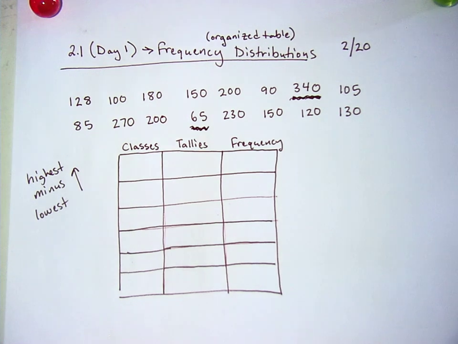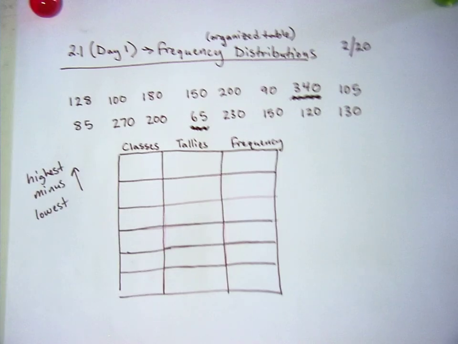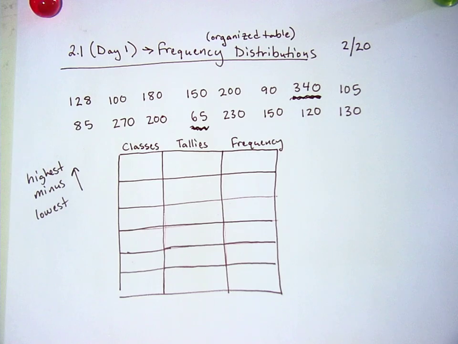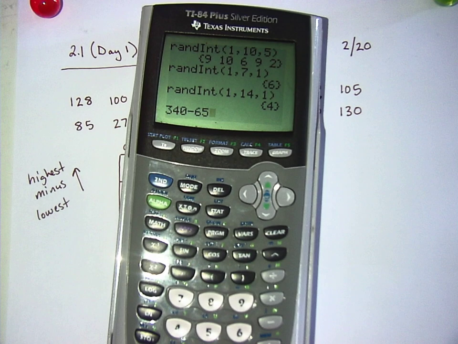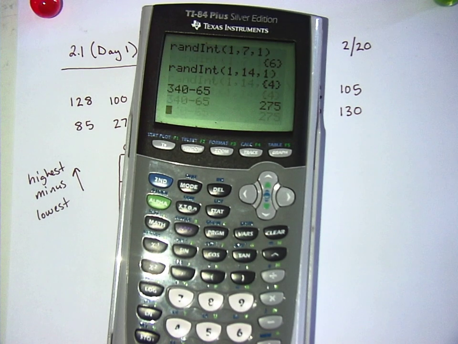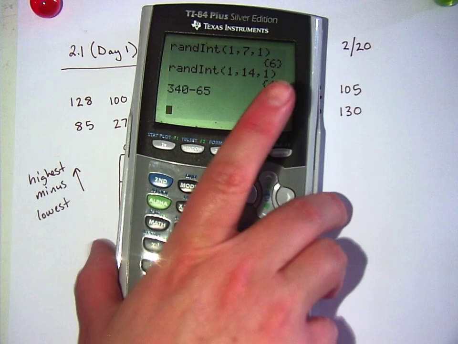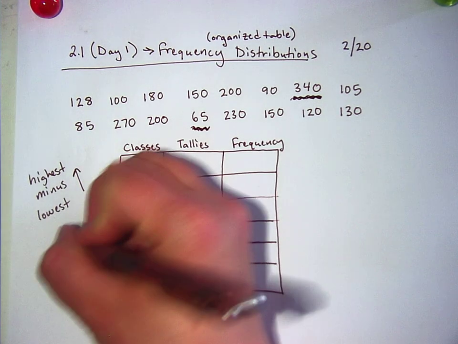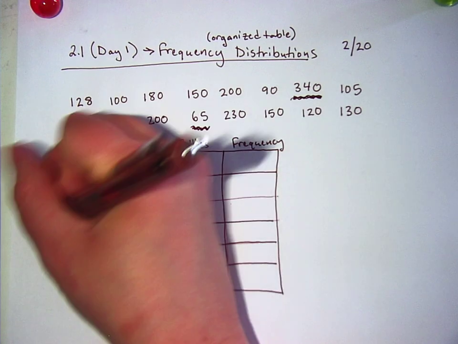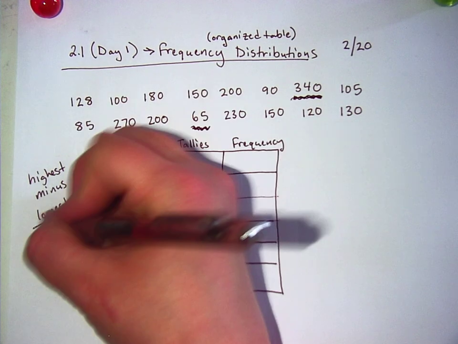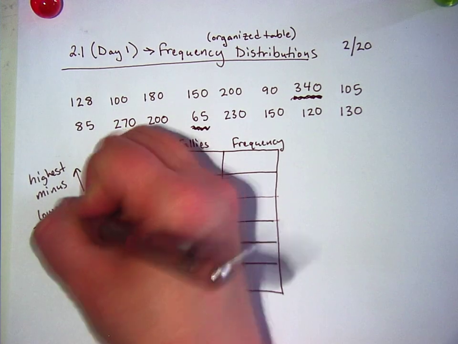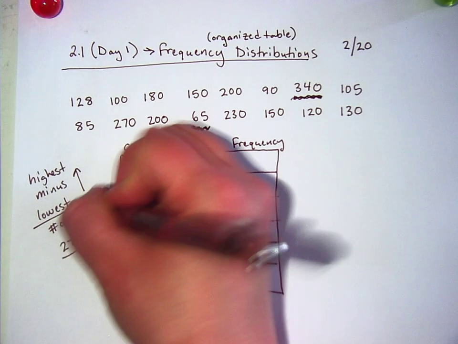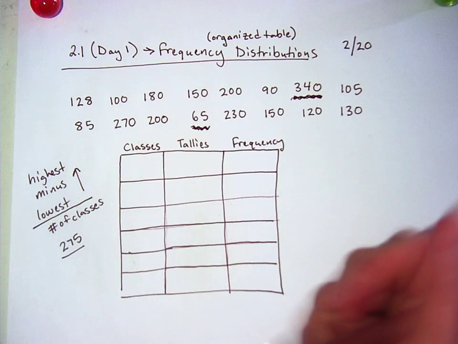So in my calculator, I'm going to take 340 minus 65, which is 275. Then you take the highest minus lowest, divide by the number of classes, and then round up.